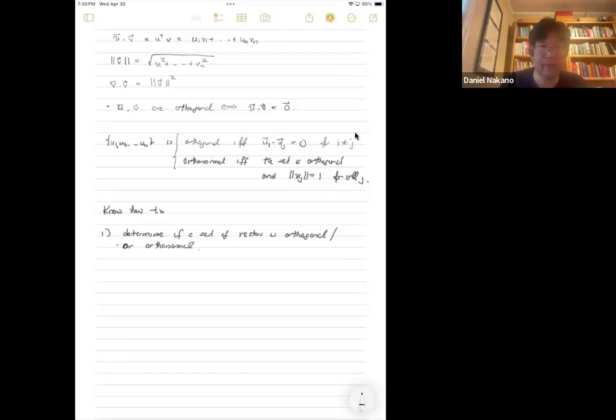So you have to take inner products, and then for orthonormal you better check the lengths. Okay. 2. Given an orthogonal set, you should know how to make it an orthonormal set.